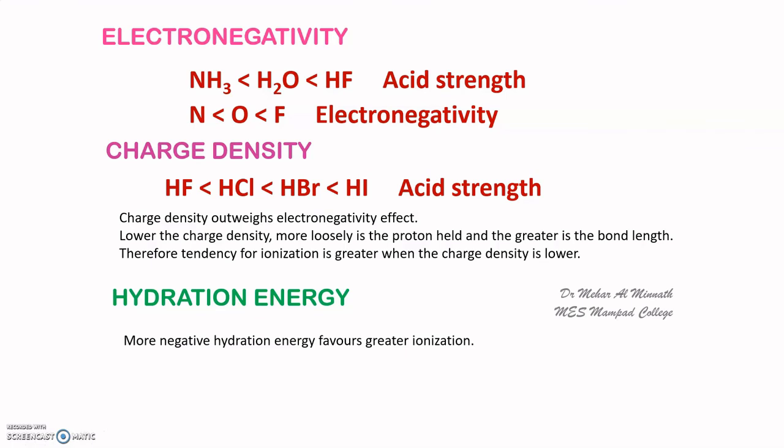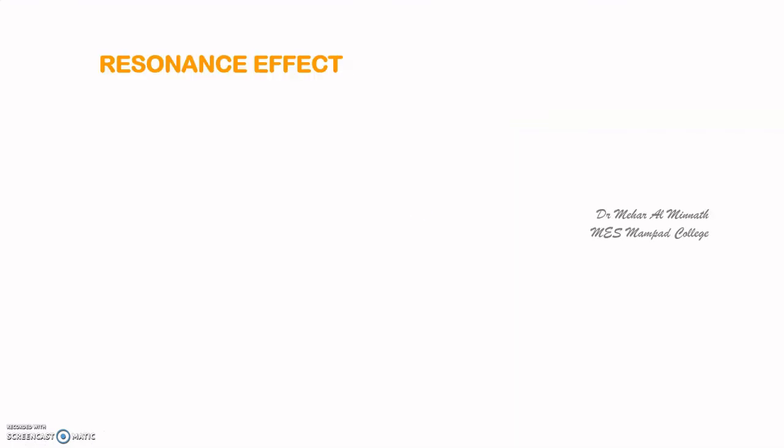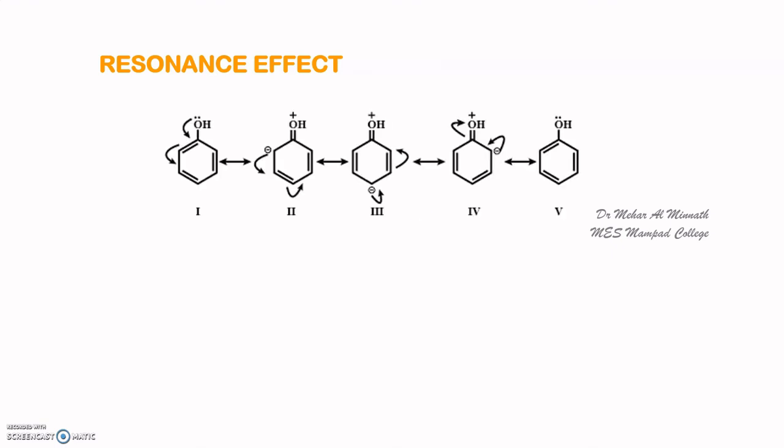Now coming to the next factor, that is the resonance effect. This is basically seen in the case of organic acids. Let us take phenol as an example. Phenol exists as a combination of all these 5 resonance structures.